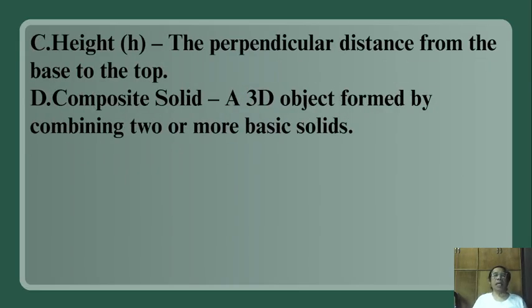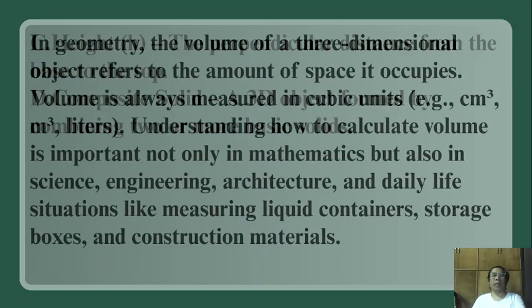Letter C, height, H: the perpendicular distance from the base to the top. And then letter D, composite solid: a three-dimensional object formed by combining two or more basic solids.